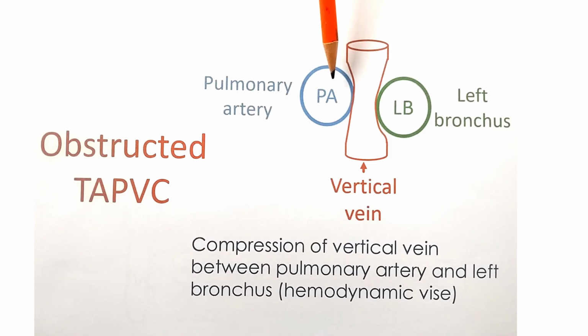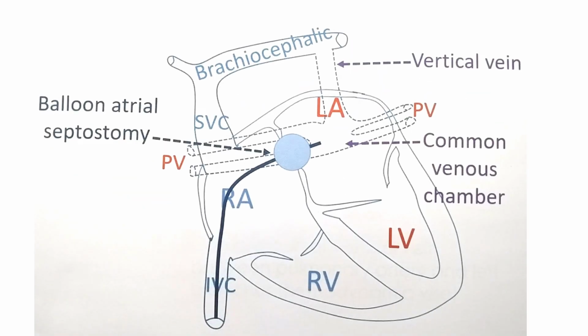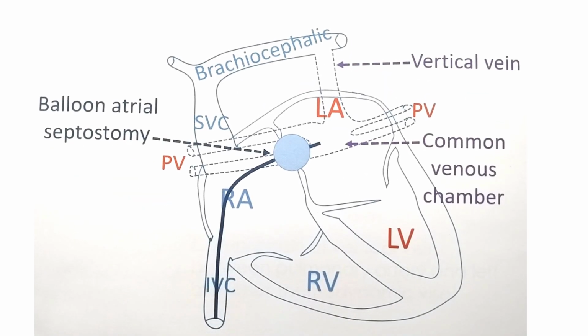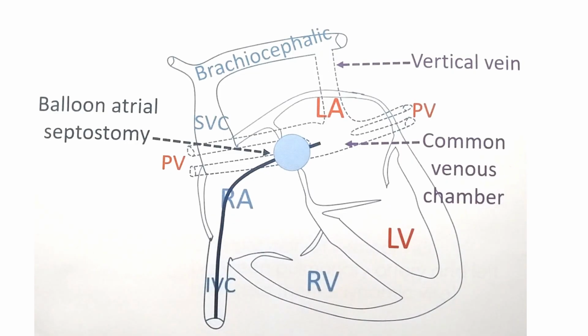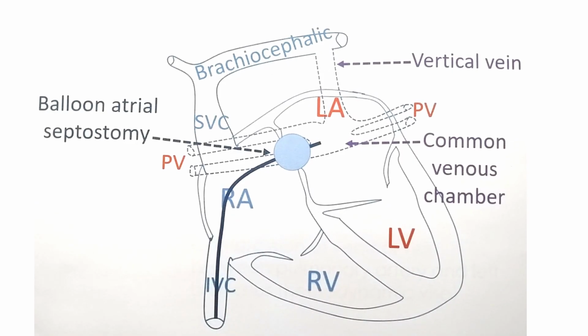Pulmonary hypertension will occur. That will increase the compression. And this is a vicious cycle. That is why it is known as a hemodynamic vice. This can occur in supracardiac variety also.